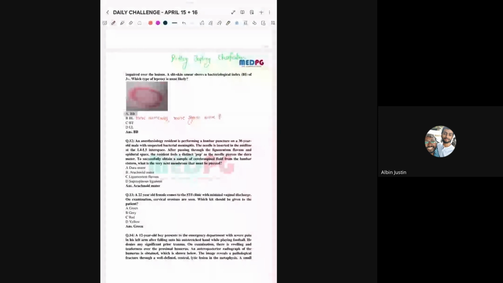If it was BT, there would have been a classical severe sensory loss, which are well defined. If it was lepromatous leprosy, it would have been symmetrical and no sensory loss.